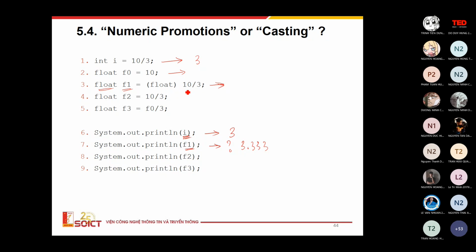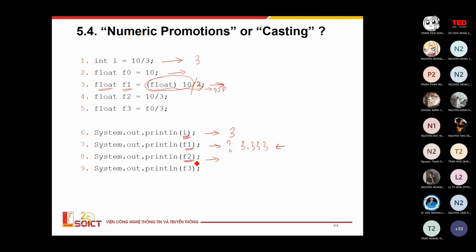And we assign it a value. Why is this float? Because firstly you convert 10 to float, and then divide by 3. And it will have numeric promotion. So the result will be float. Okay, thank you.